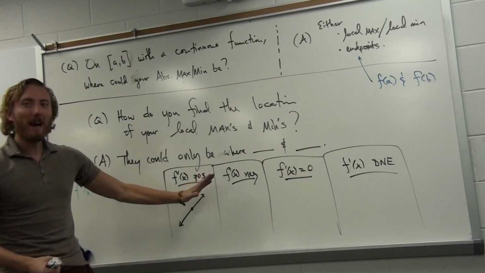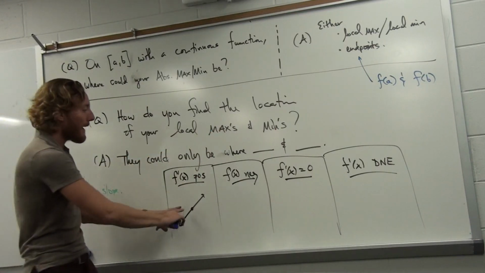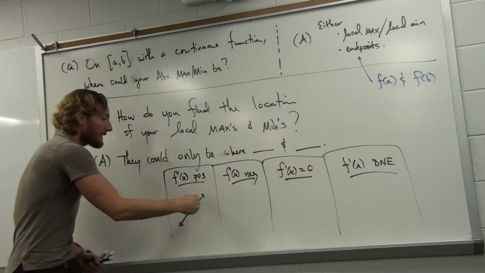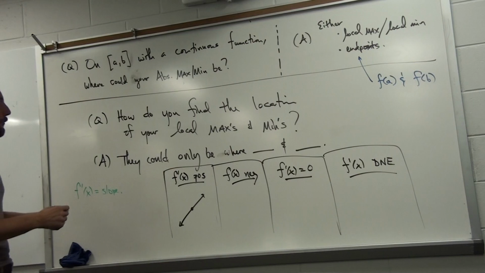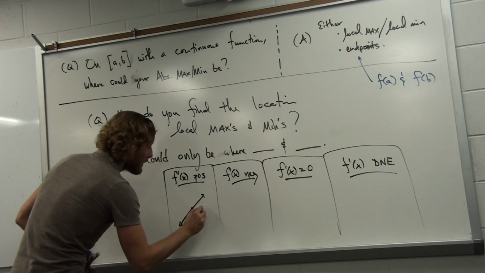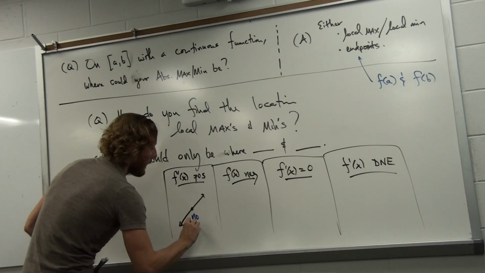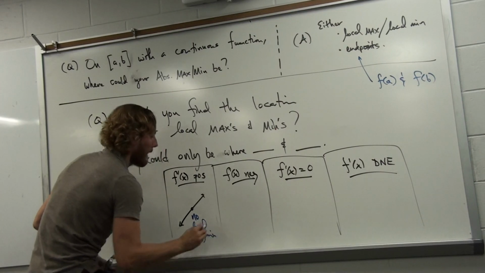If the function's going uphill, the function is increasing, it couldn't be a maximum because the maximum would have to be somewhere else to the right. It also couldn't be a minimum because the minimum is going to have to be somewhere off to the left. So, where the function has a positive slope couldn't possibly be the local max or min. No local max or min.